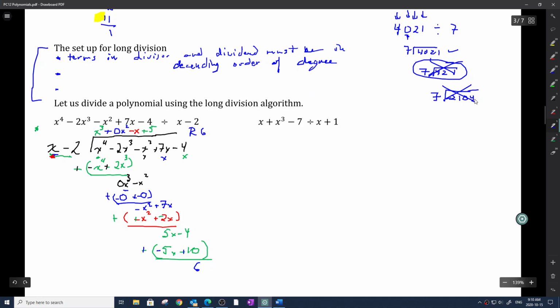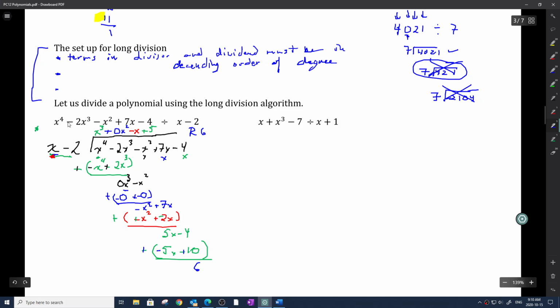Now that's important. So what does that mean? If you take my dividend, my exponent started off with 4, and then we went down to 3, then 2, then 1, and then 0. That's the way I wrote out my long division algorithm.